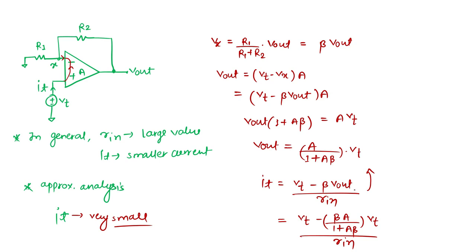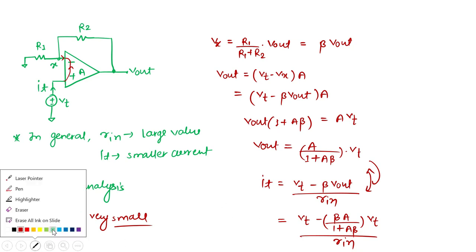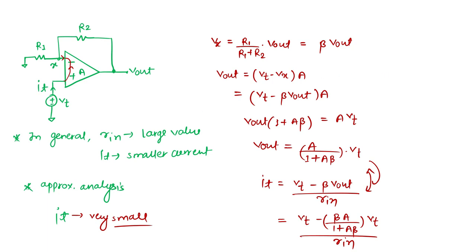I simply put V out from this equation into this equation. If I take Vt as common, what we have is 1 plus A beta minus A beta, divided by 1 plus A beta.